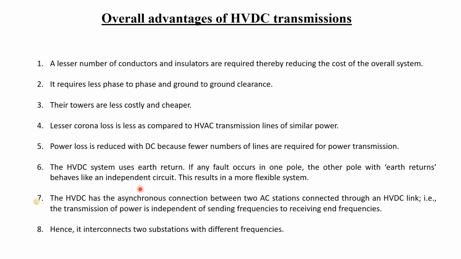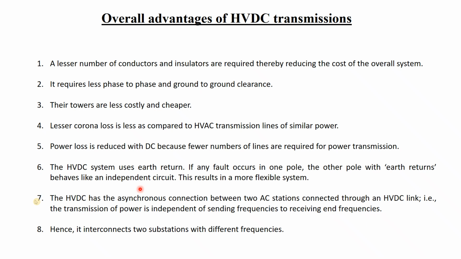That means we are discarding one conductor, so we are reducing the material cost. But also, if one conductor is not used, that means in place of 3 we are using 2 conductors, so the transmission tower will also be redesigned and we will use less steel.